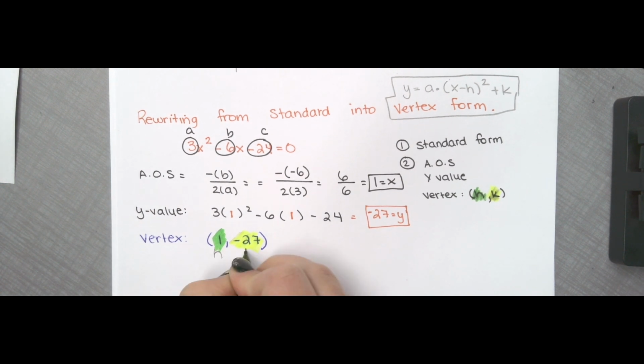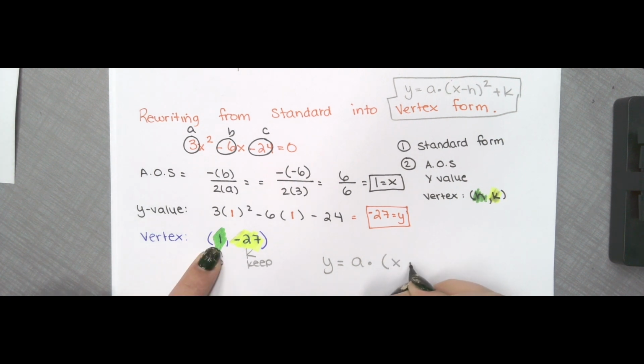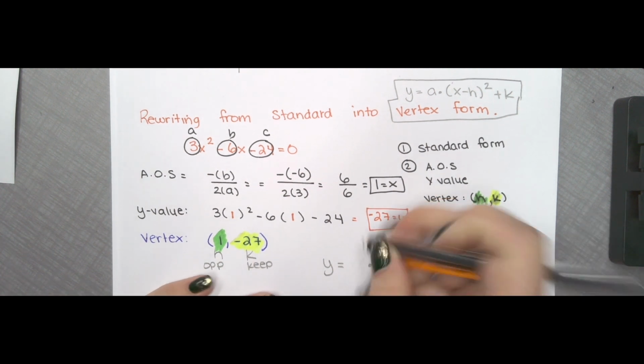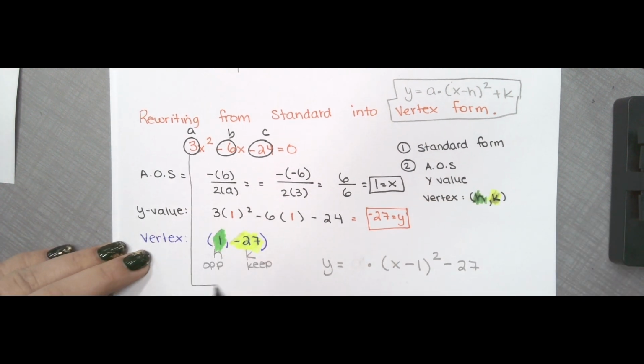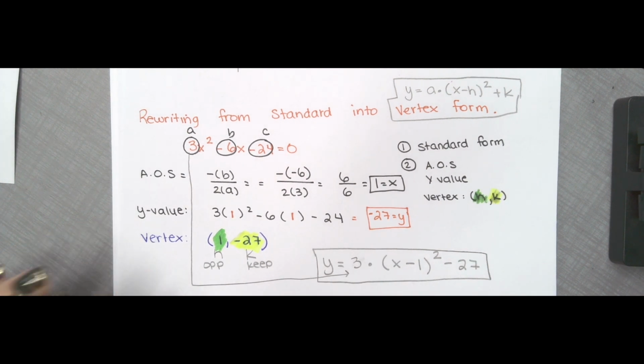And when you write in your h and k, h is always opposite, k is for keep. So we have y equals a times x, opposite of what we see. So minus 1, square it, keep the same k. Now what about a? A comes from this a right here. And we have 3. And this is your equation. That's the same equation, just in a different format. If you don't want to put that dot there, you don't have to. You can make it more squished.